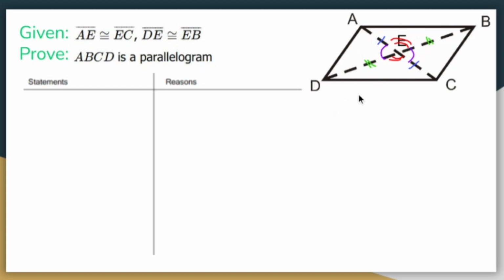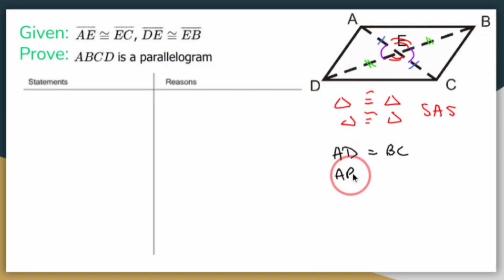So if I can use SAS, SAS, SAS, and SAS and prove that both pairs of triangles are congruent using SAS, then I can prove that AD is congruent to BC and AB is congruent to DC.